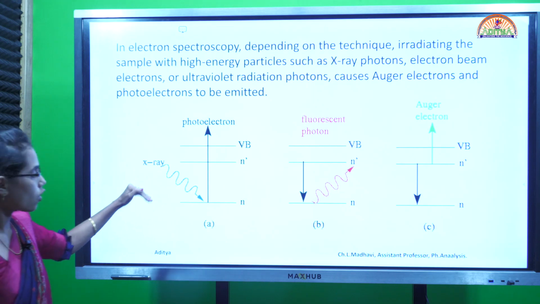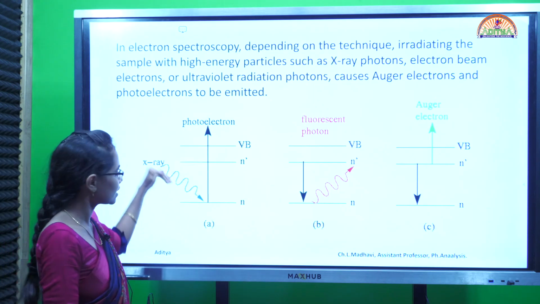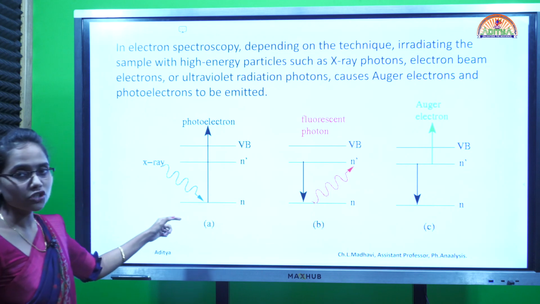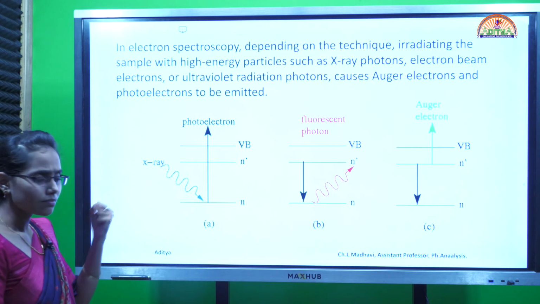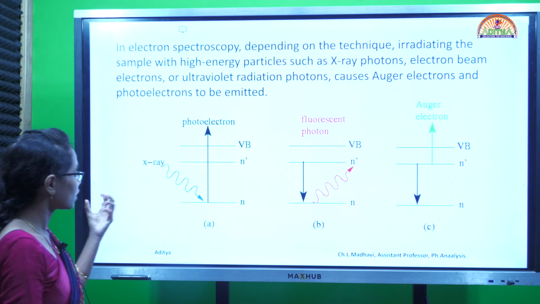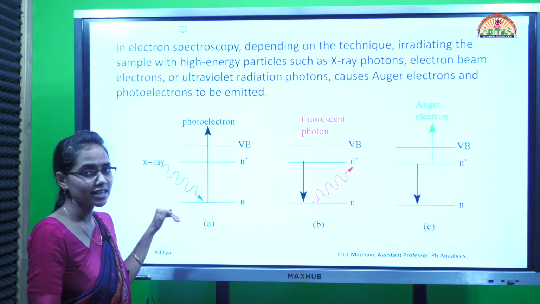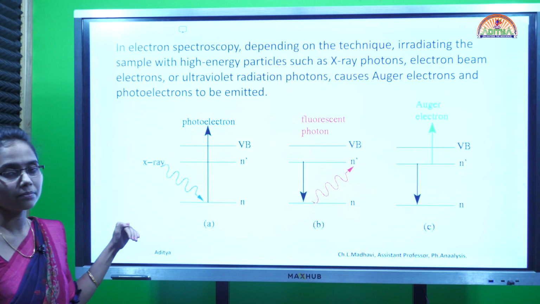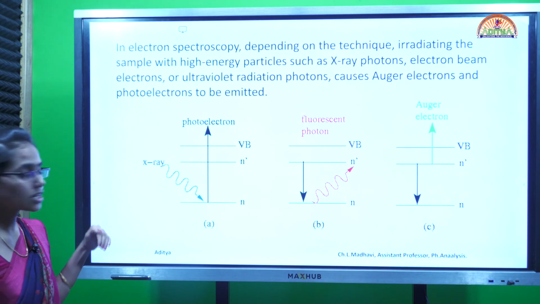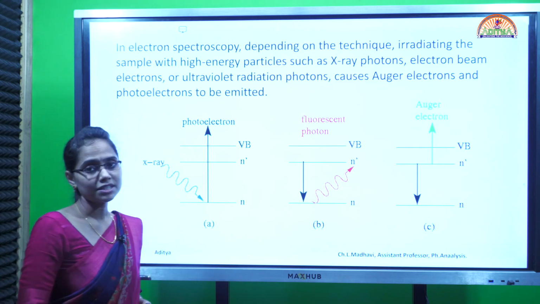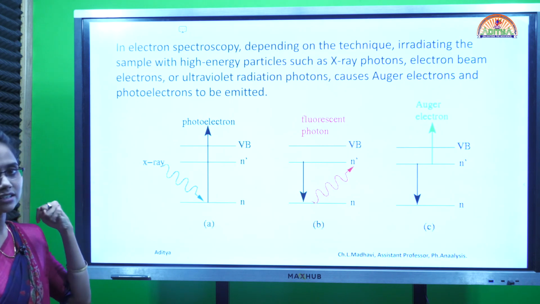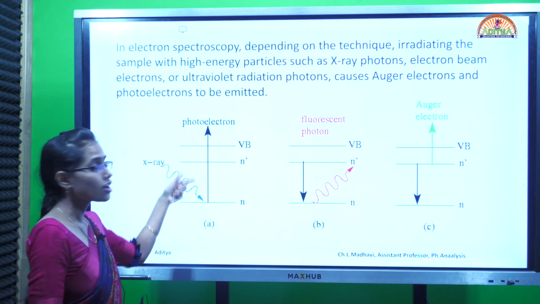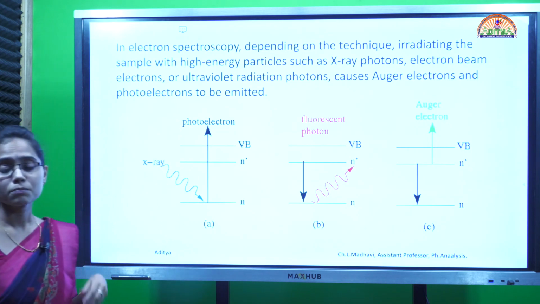In the electronic energy levels, when they focus on an innermost shell, one electron absorbs the energy from the X-rays, the electron bombardment or the UV radiation, gets excited and is emitted out. Because of this excitation, one photoelectron is produced.